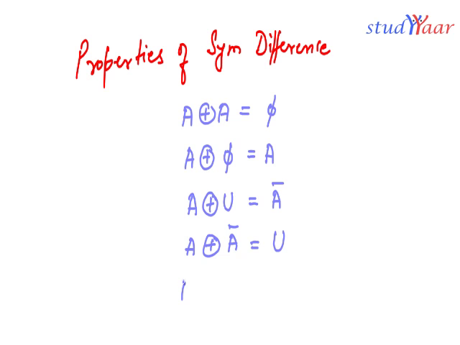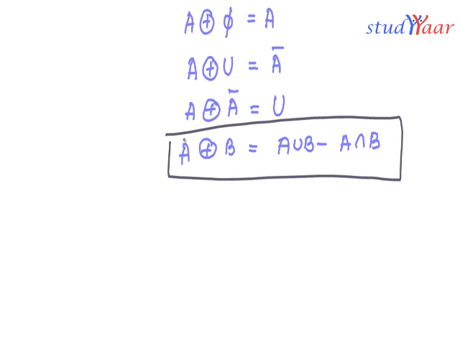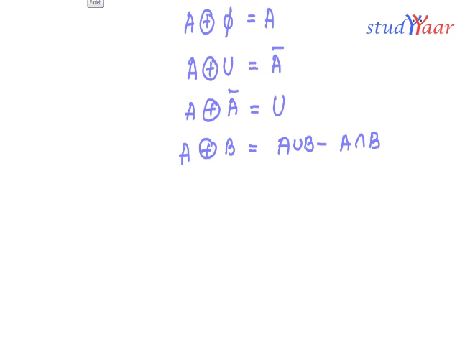And finally, symmetric difference of A and B is equal to A union B minus A intersection B. You can take a look at this with the help of a Venn diagram. Let us see how.